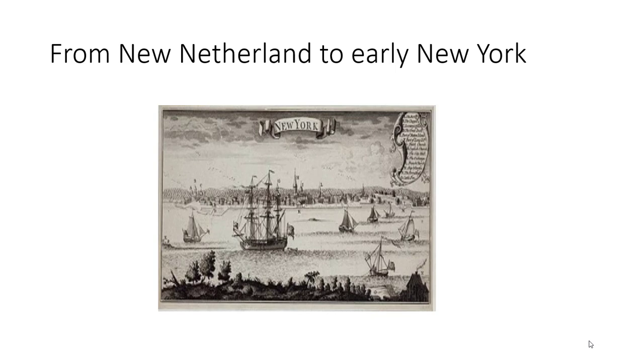The original Dutch colony was under the control of a private corporation, the Dutch East India Company, a private sort of chartered company, something like the Virginia Company, which we talked about when we dealt with 17th century Jamestown and Virginia.